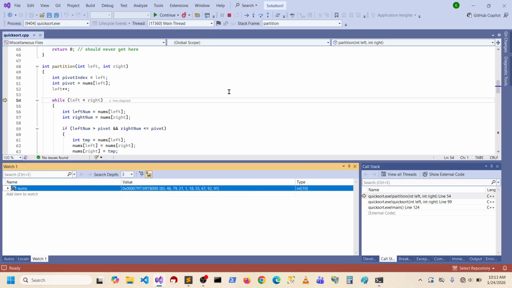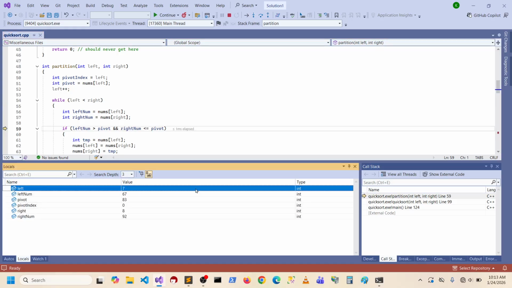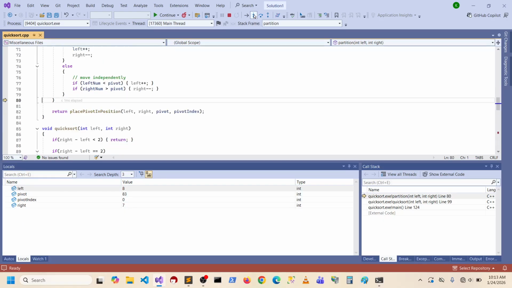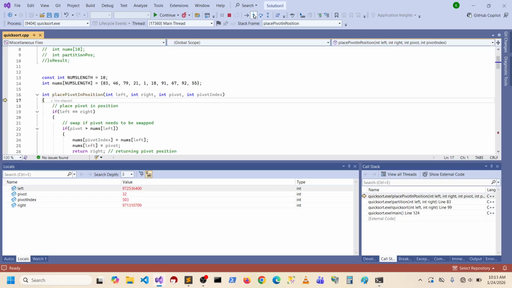Got to get that 92 off there. No swap. So now they're even. Replace the pivot.